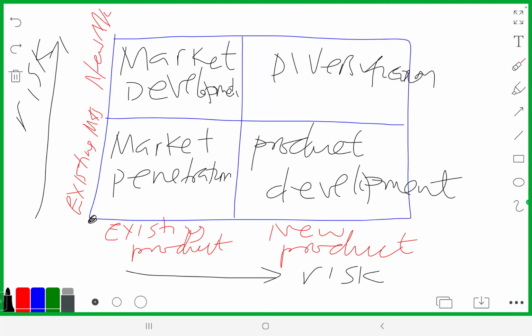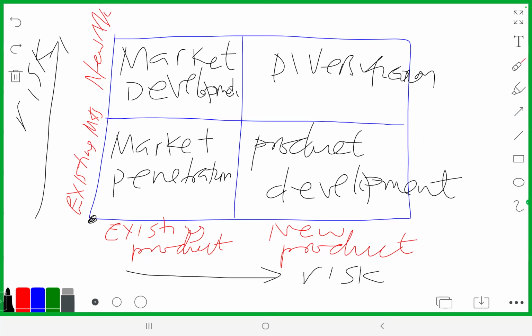The easiest way to look at these strategies and how you would go for these options is, number one, to analyze. Remember we started with analysis. You analyze your environment, then you choose the options that you would want to go for. Are you going to focus on market penetration, or are you going to choose these other options?